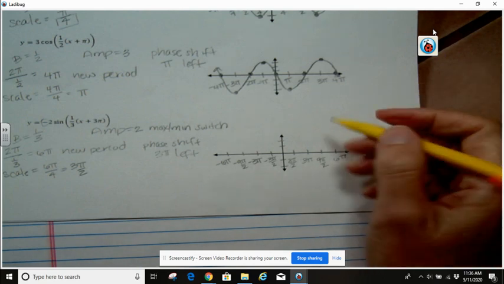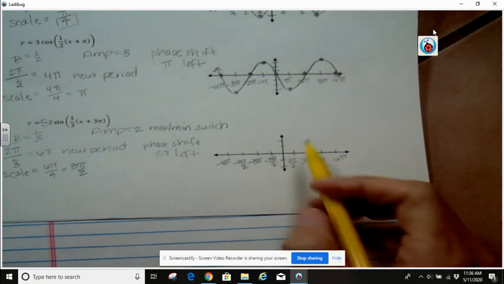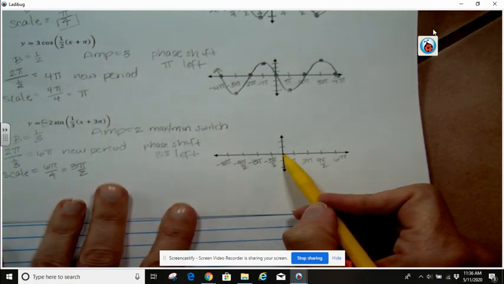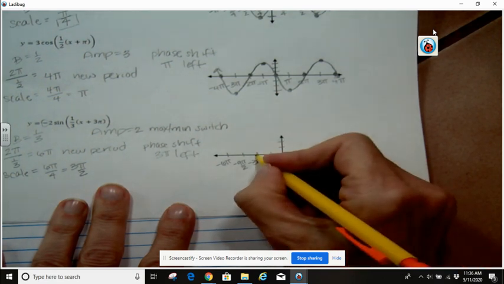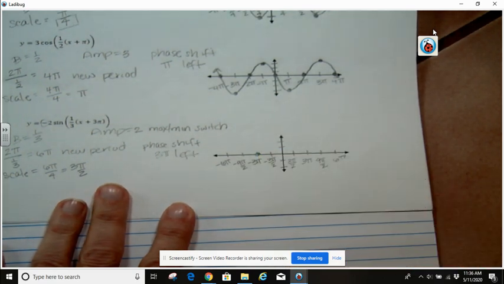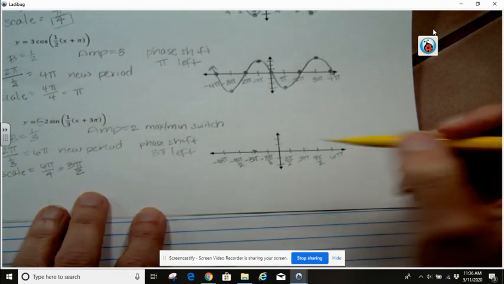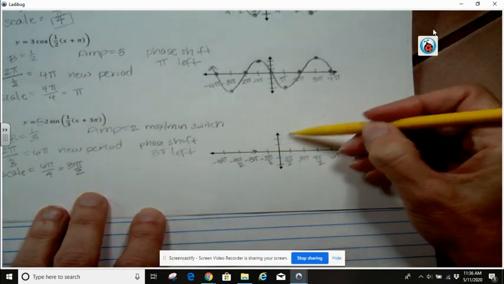So remember, for sine, that normally starts at the origin. So I normally would be putting my first point right here, but now I think about my phase shift. My phase shift is 3 pi to the left. So that first point that would normally be at the origin is right here. And then normally for sine, after you put that origin point, it's followed by a maximum.